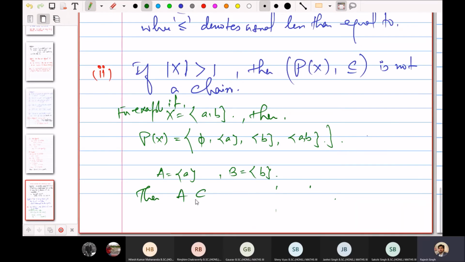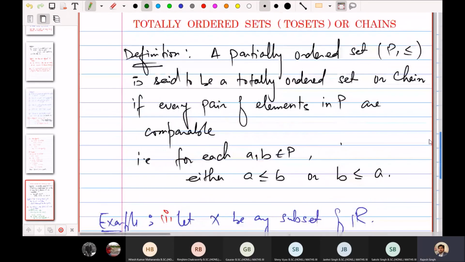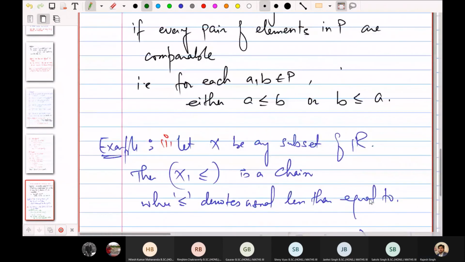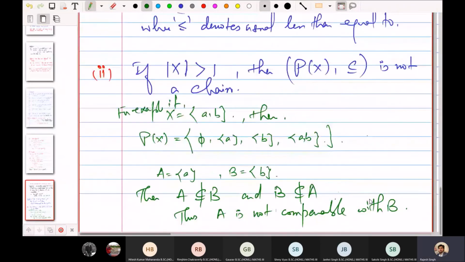Then {a} is not contained in {b} and {b} is not contained in {a}. Thus {a} is not comparable with {b}. अच्छा, एक नोटेशन डिफाइन करना भूल गए. सो लेट अस... तो बाद में कर लेंगे डिफाइन उससे.